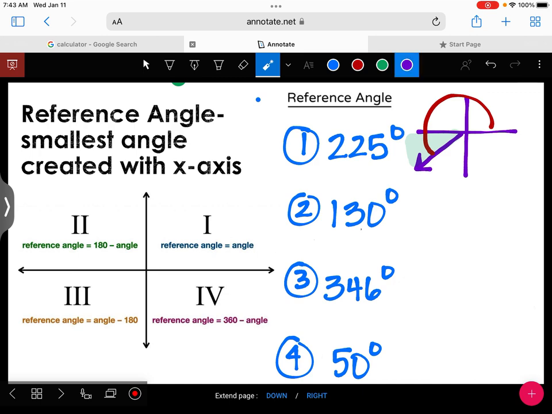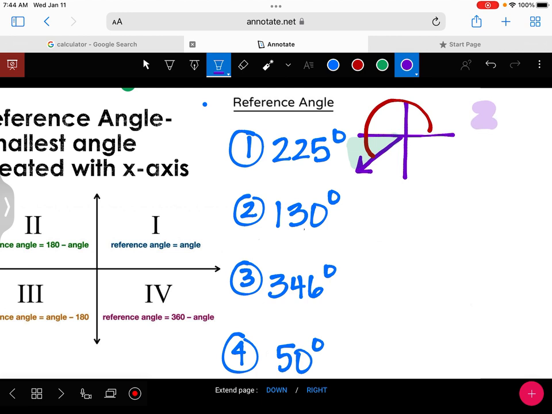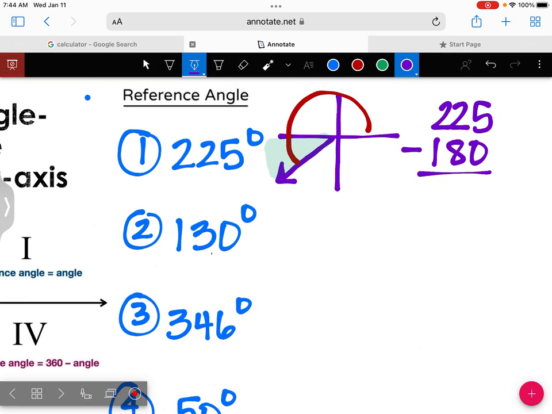So you have to take 225 minus 180. We have our 5, and then we have to borrow from the 2, that becomes a 1, and this becomes a 12.